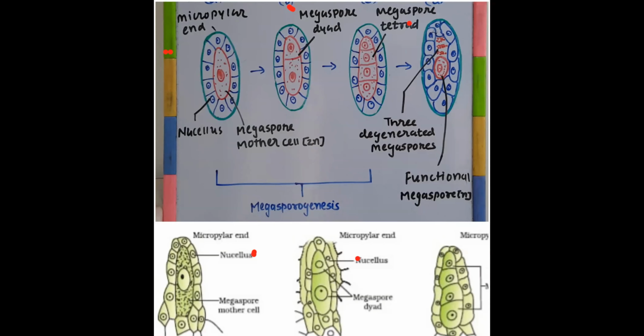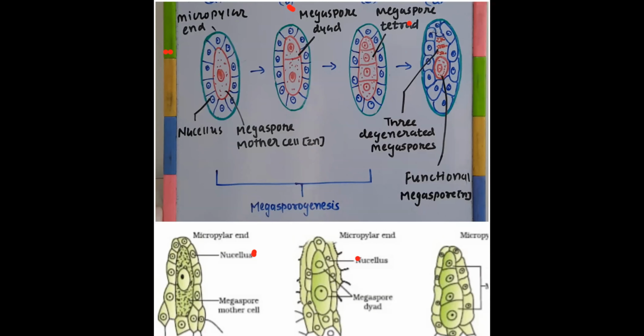They are haploid. Out of these four megaspores, remember, three are degenerated. Only one becomes the functional megaspore.